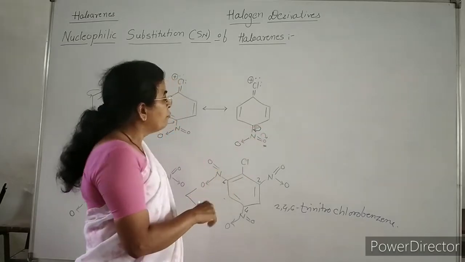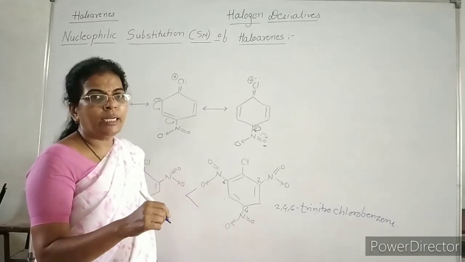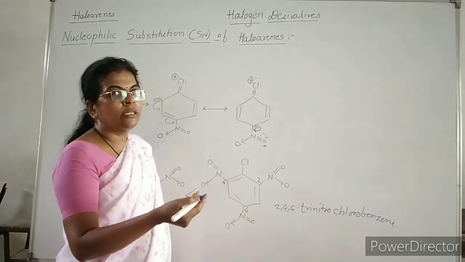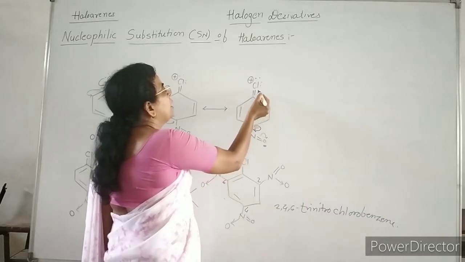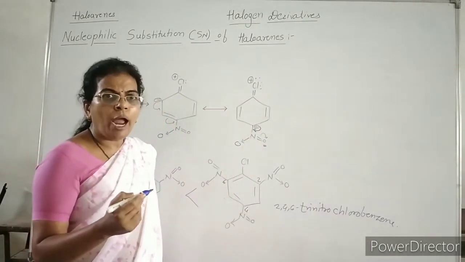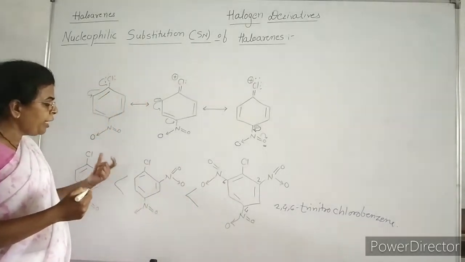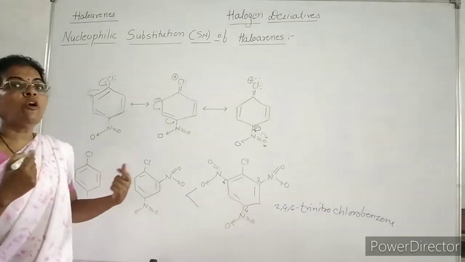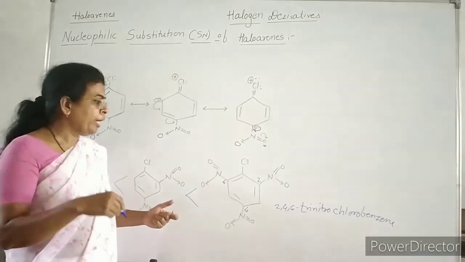And therefore when an electron withdrawing group is present in the aromatic ring either at ortho position or para position, it increases the nucleophilic substitution reaction. In nucleophilic substitution we know that this chlorine is substituted by another nucleophile like hydroxy group or OH minus ion. Now if the number of electron withdrawing groups increases, the rate of nucleophilic substitution reactions of haloarenes also increases.